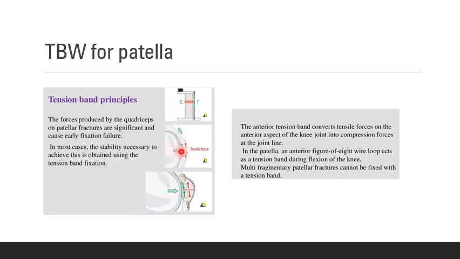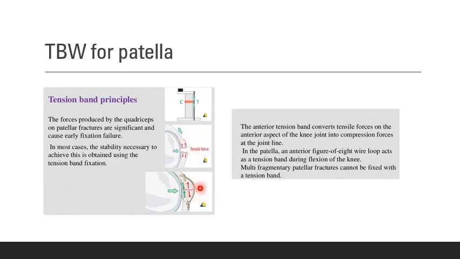By this analogy, in the patellar fracture, the anterior surface has the tensile forces. When there is no tension band wiring, the distraction forces by the quadriceps distract the tensile area.